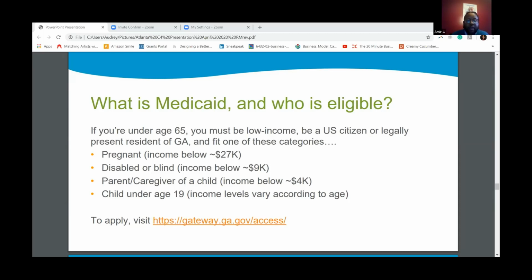And upon the end of the application, you'll receive a notice from the marketplace in the event you are eligible for Medicaid to know that your ACA application is being directed to the Medicaid office that is appropriate for your section of the state in Georgia. The website below also is worth checking out should you think you might be eligible, because those applications can be submitted throughout the year. There is not an open enrollment or special enrollment period for Medicaid. Next slide, please.